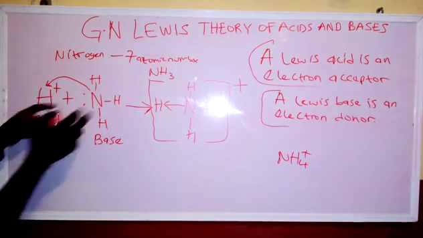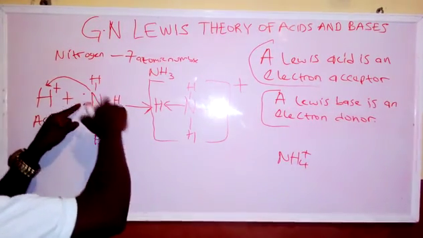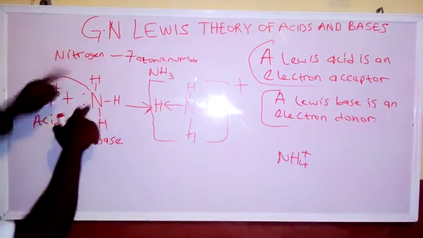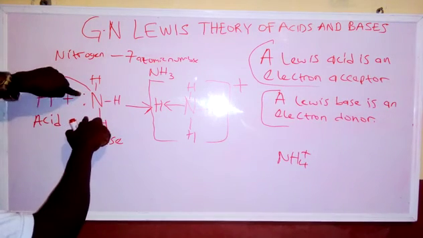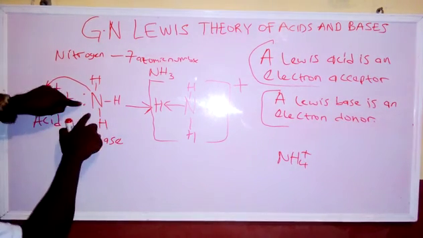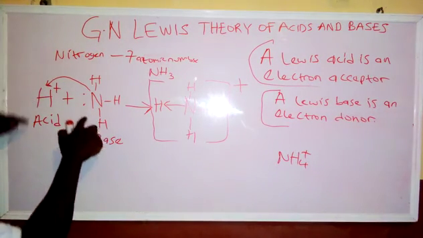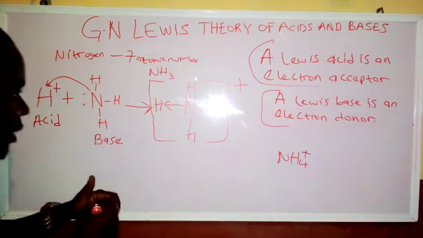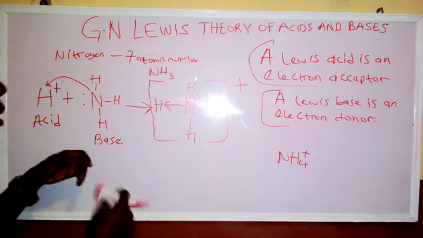The reason why this bond is a coordinate covalent bond is because it is donated by ammonia alone, and hydrogen does not have any contribution to it. So that's all about the Lewis theory of acids and bases.